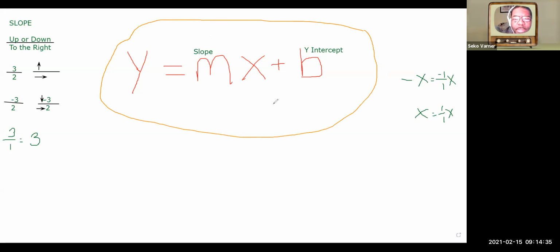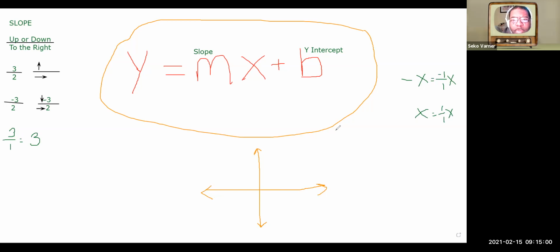We're dealing with an equation, and the y, if we were really dealing with a graph, would be the up and down on the graph. And the x, of course, is going to be the left and right.